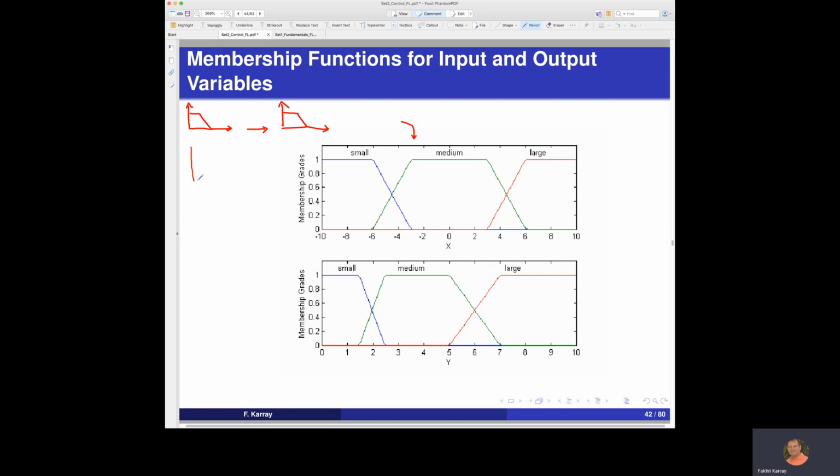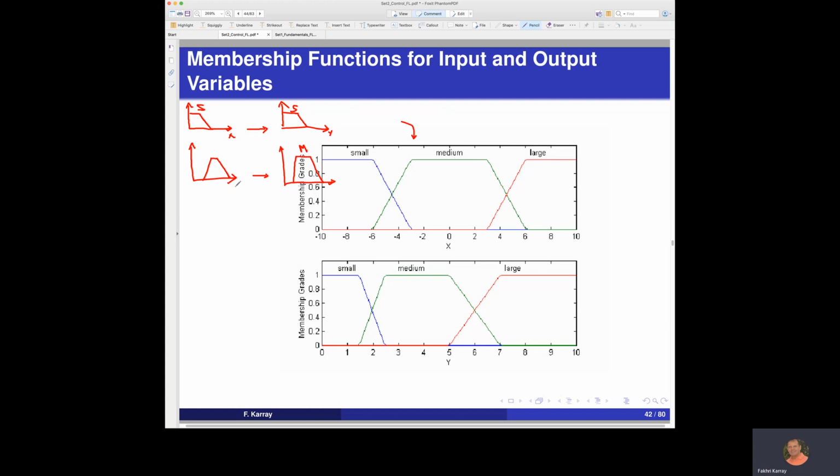The second rule is going to be: if x is medium, so we are departing from the medium now, then we have y is medium. It's difficult to type on this type of PDF file, better to draw on this PDF file. So this is medium, this is small, this is small, and this is x, this is y.